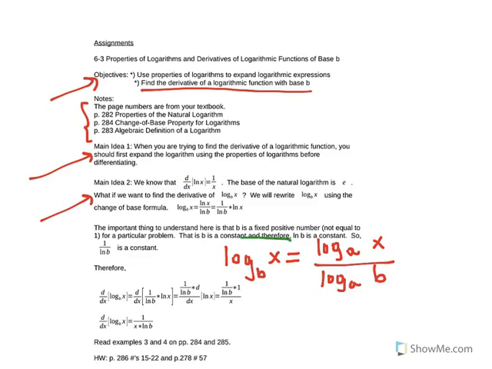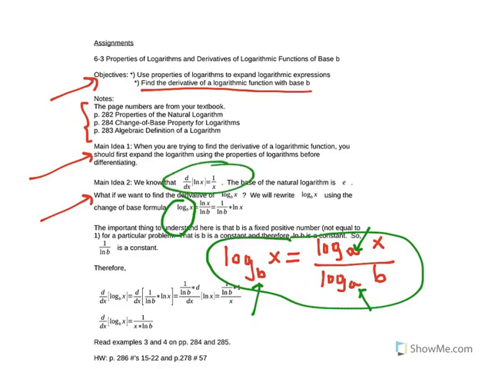So what we have here is the change of base formula from pre-calculus. This allows us to change a logarithm with one base into a logarithm of a different base. So let's take our problem, which is log base b of x, and we want to rewrite that in terms of the base e, because if we can do that, we can use what we know from before to find the derivative.